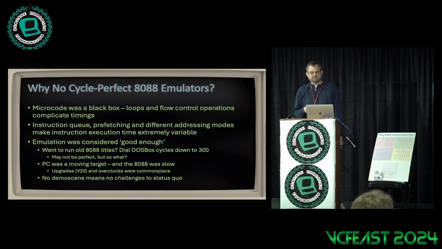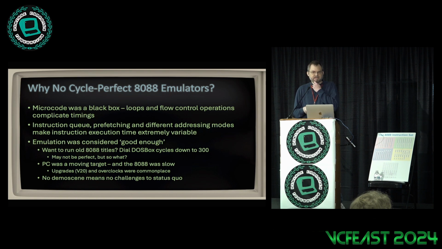The Cordic algorithm was known, so you could try to plug in the operands and get the cycle counts out of that, but it was very hard. We know that the instruction queue, the prefetching, the different addressing modes, the asynchronous BIU, all of that made calculating execution time very difficult. But maybe the main reason was that emulation was just considered good enough.